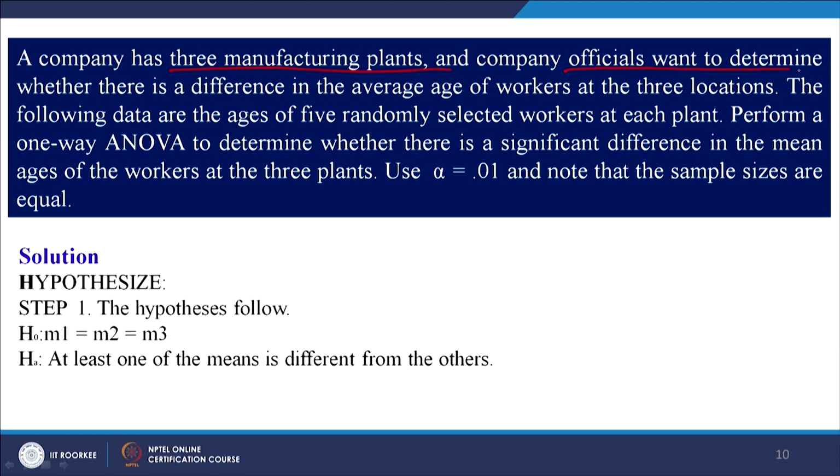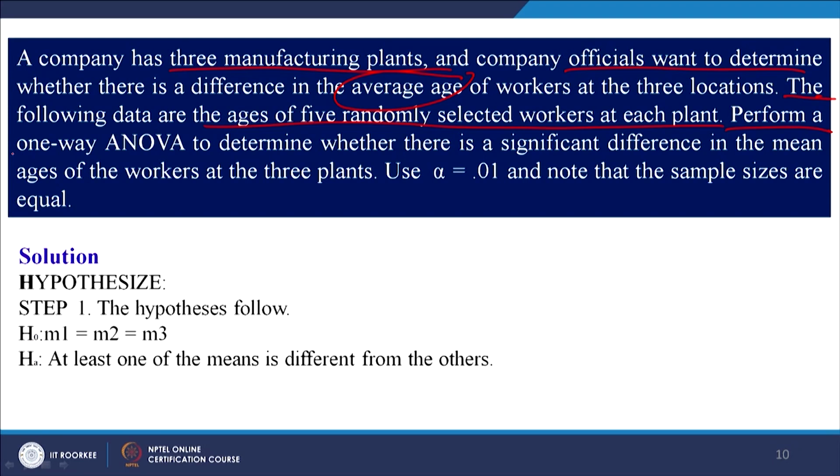So the company officials want to determine whether there is a significant difference in average age of the workers of those 3 locations where plants are there, right. So the following data are the ages of 5 randomly selected workers at each plant. So we have selected total 15 workers and we noted down their age.